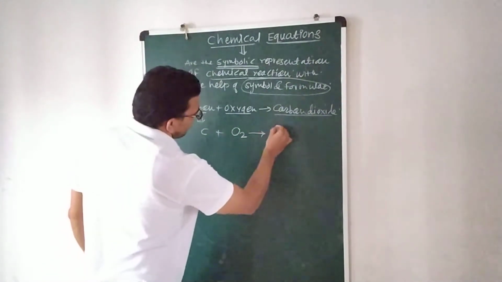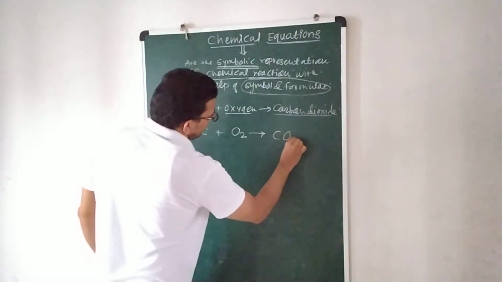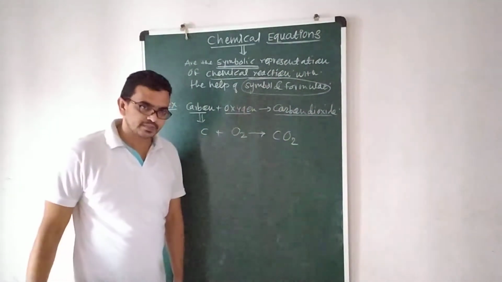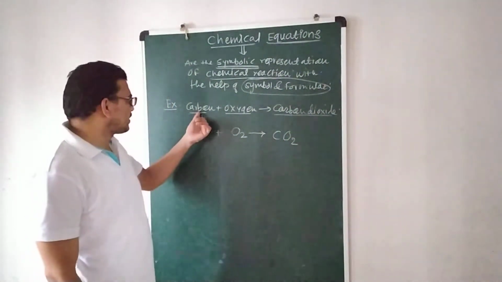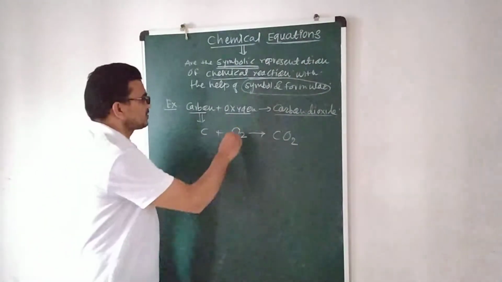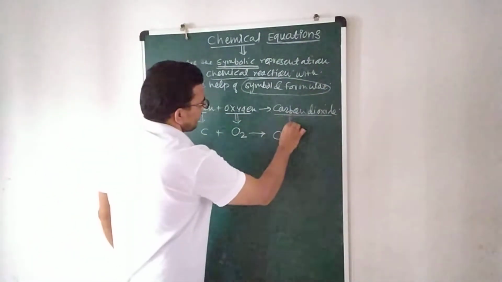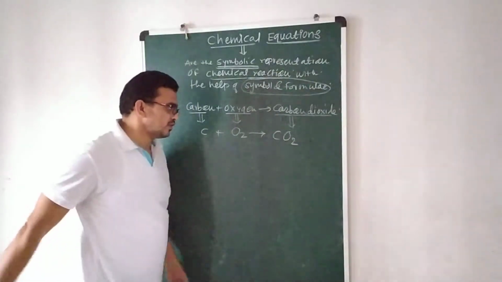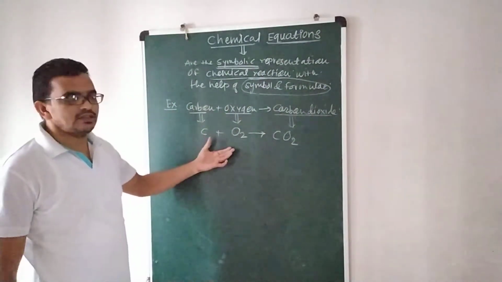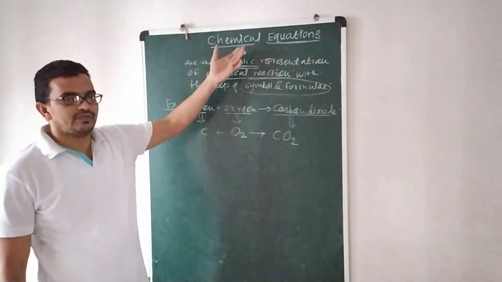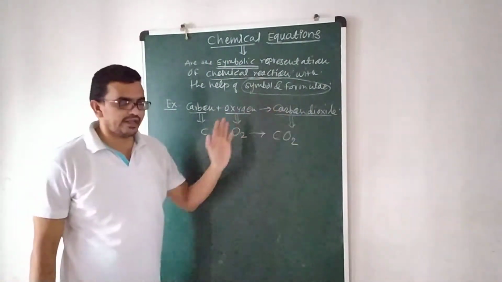It gives the product, carbon dioxide, CO2. So carbon is C, oxygen is O2, and carbon dioxide is CO2. This is the chemical equation of the above chemical reaction.